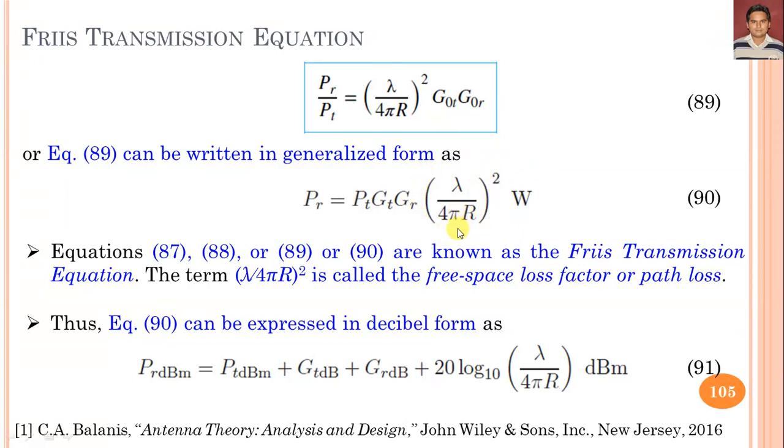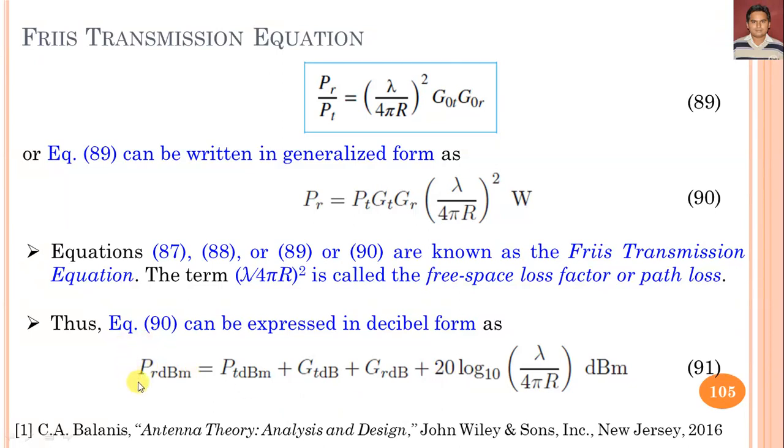This ratio is called the free space loss factor, or path loss factor, and it is very important because it depends on the frequency as well as on the distance between the transmitting and receiving antennas. And we can express this equation in terms of decibels, and here we have defined it in terms of dBm.